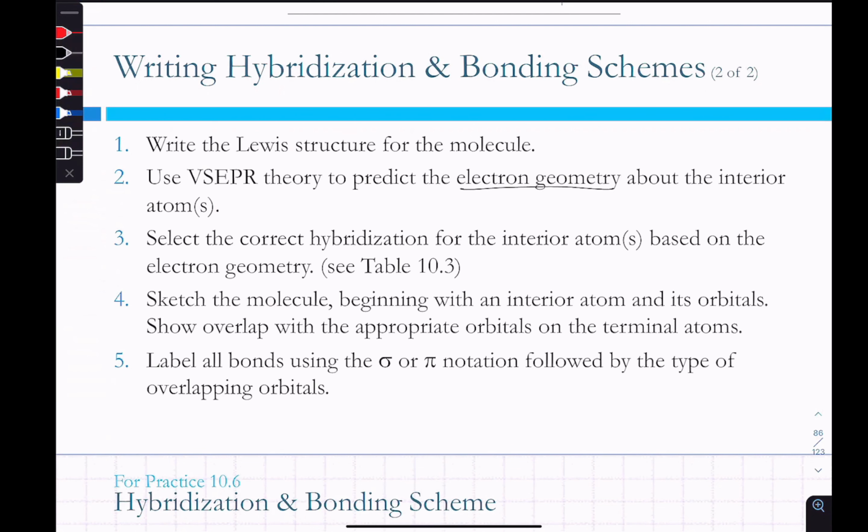Those are your options. And then sketch the molecule beginning with the interior atom and its orbitals. Show overlap with appropriate orbitals on the terminal atoms. Label all bonds using pi or sigma notation, followed by the overlapping orbitals. I know it sounds like a lot.